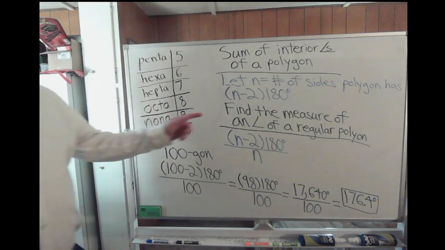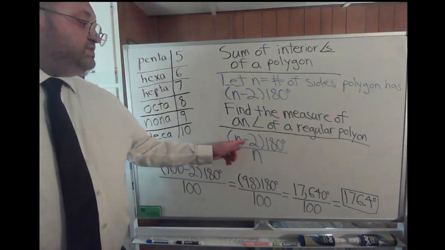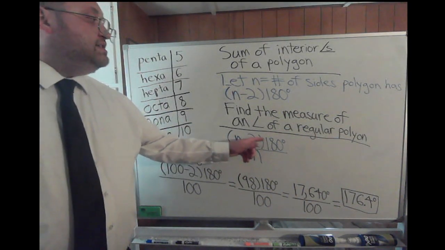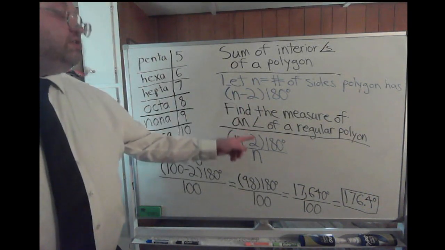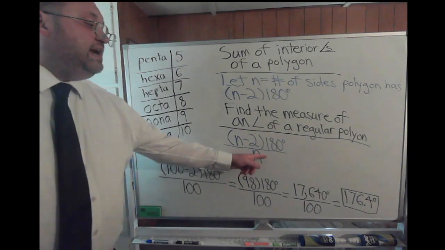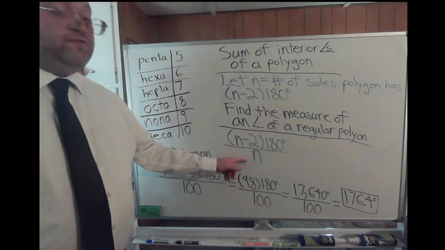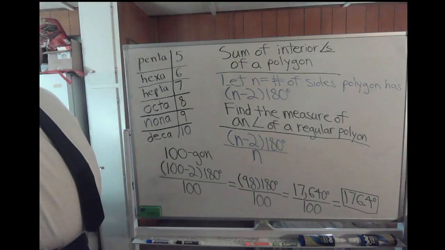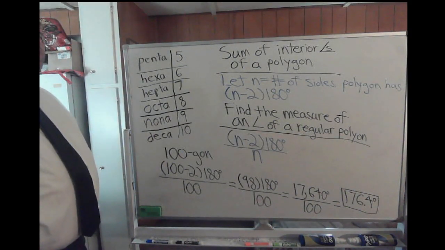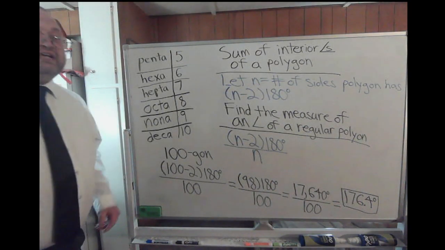So if you want to find the measure of an angle of a regular polygon, you take the number of sides minus 2 times 180, just like you would to find the sum of the interior angles of a polygon, but you're going to divide that by the number of sides a polygon has. And then you'll get the measure for just one angle of a regular polygon. And they'll all have that same measure, so it wouldn't matter. Every angle of a regular polygon is congruent, so they'll all have that degree measure.